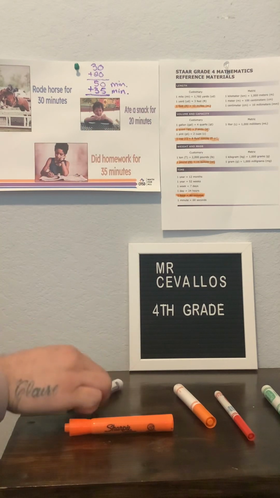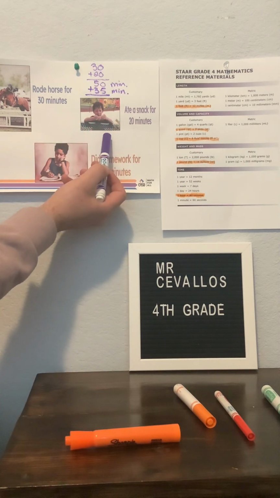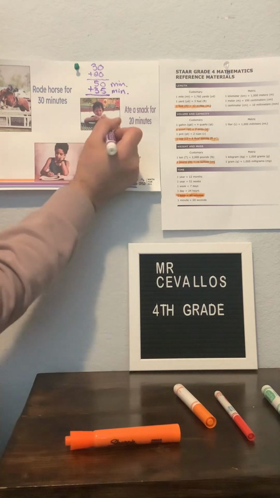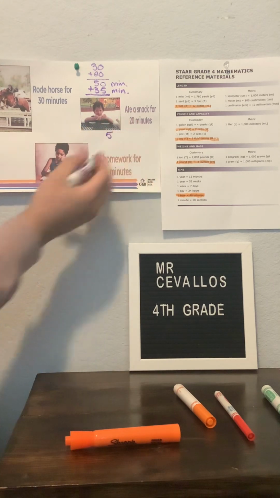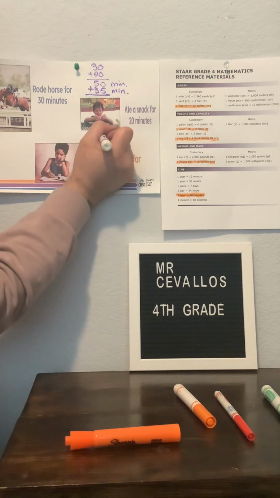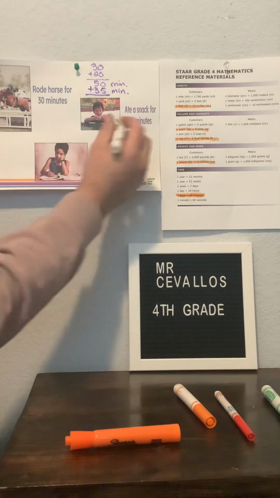And let's see. I'm going to bring my answer down right here. So 0 plus 5 gives me 5. And 5 plus 3 will give me 8. So 85 minutes, sorry.